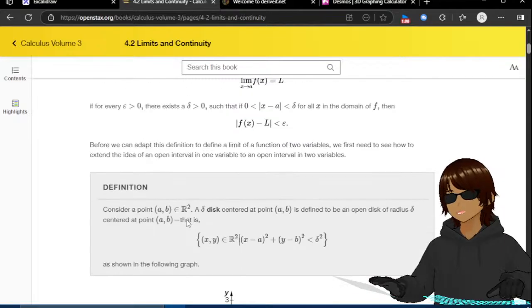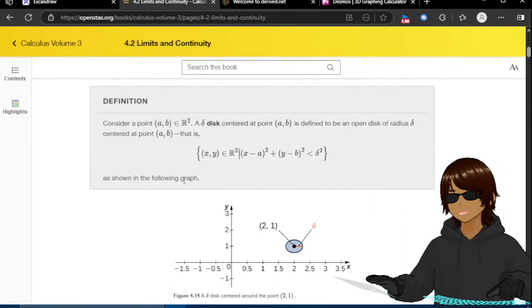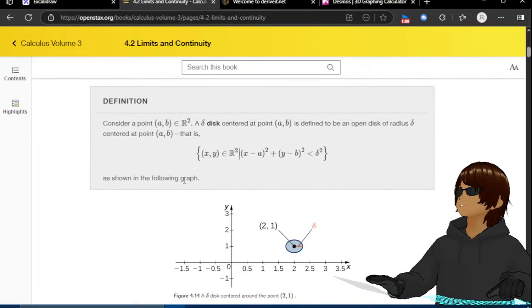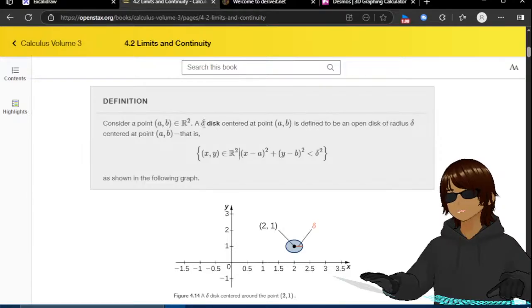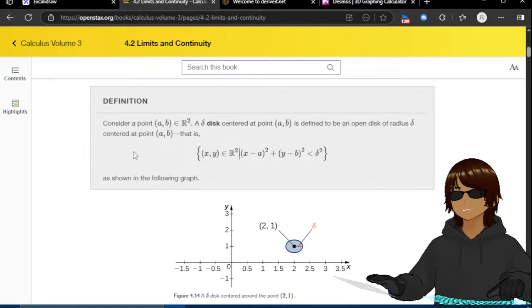Consider a point (a, b). A delta disk centered at point (a, b) is defined to be an open disk of radius delta centered at point (a, b), that is, (x, y), which can be any real value, such that this condition is true.